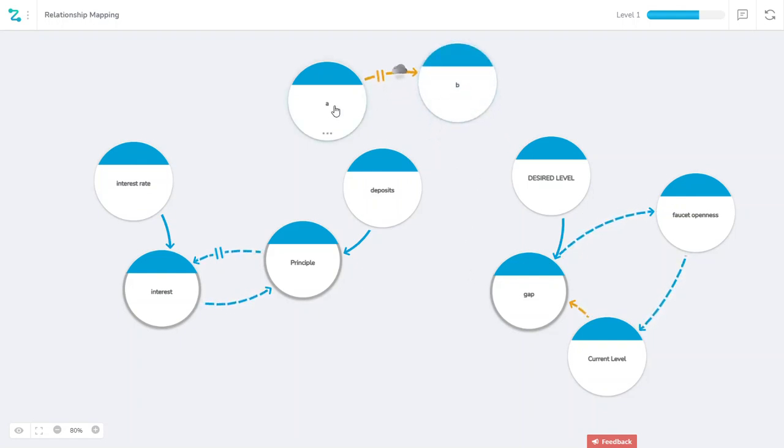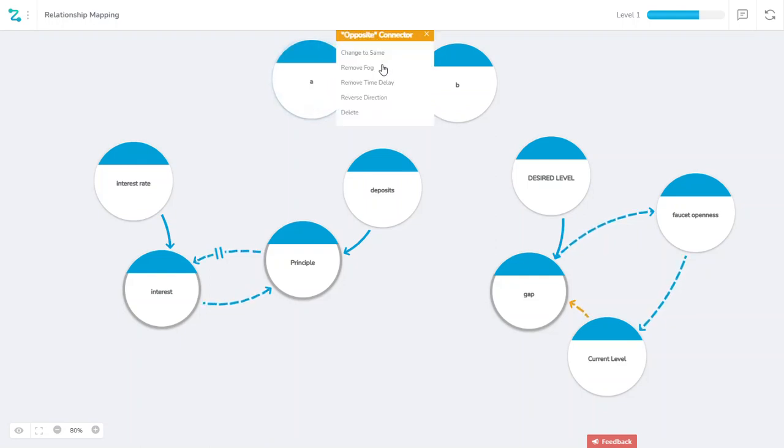Oftentimes you will see instances where, let me take this off here, remove time delay, remove the fog. You'll see instances where A influences B and B influences A, and they're in opposite directions.